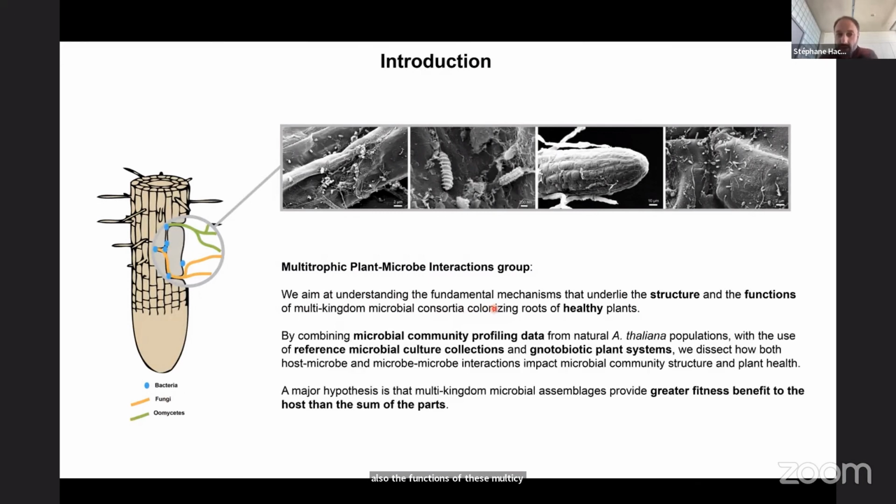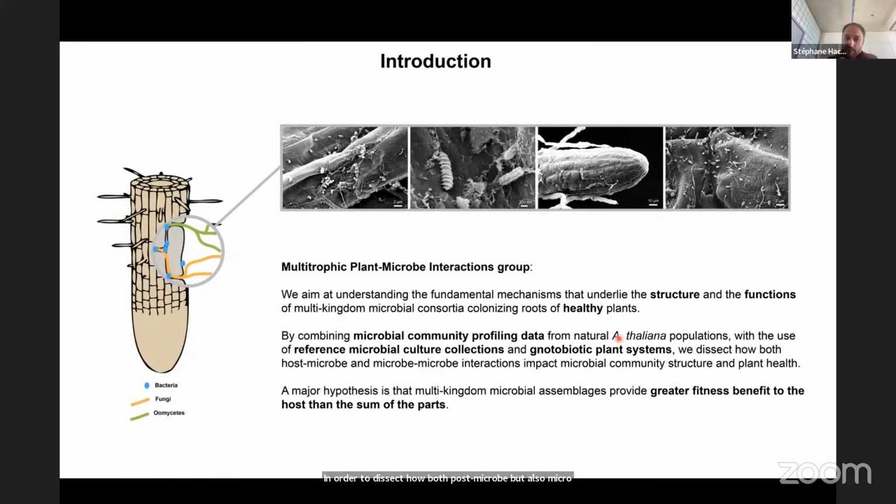And as you will see during my talk, we try to combine microbial community profiling data with the use of reference microbial collections and gnotobiotic plant systems in order to dissect how both host-microbe, but also microbe-microbe interactions impact microbial community structure and plant health.